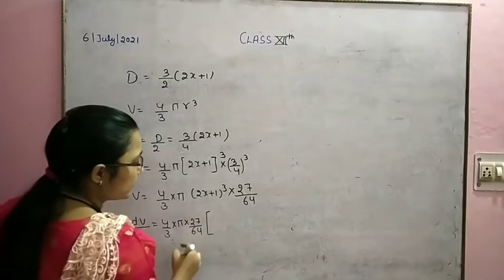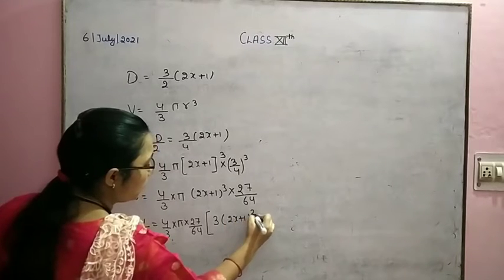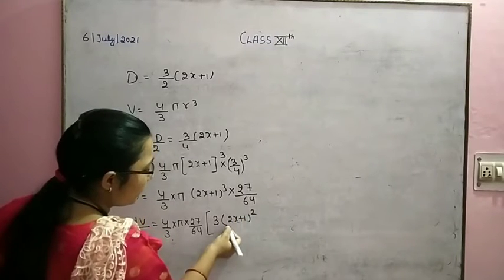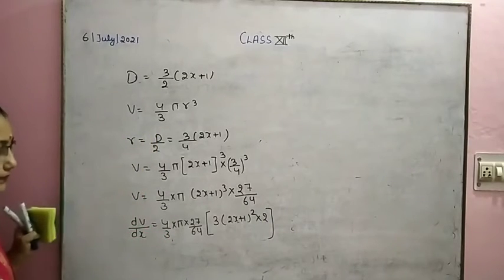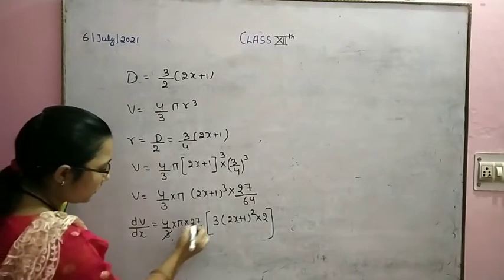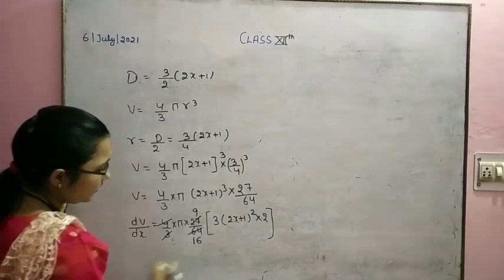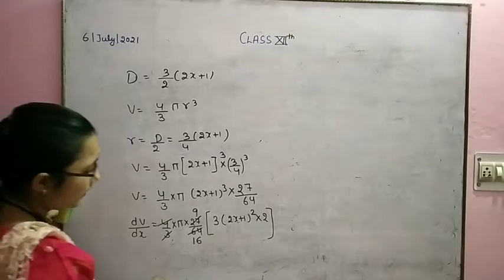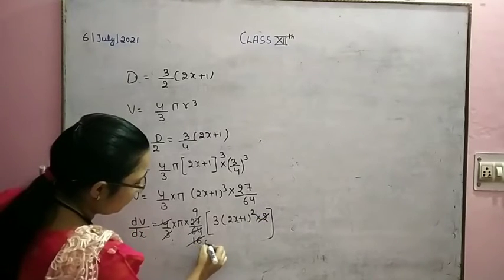Now differentiate (2x plus 1) whole cube. We get 3 (2x plus 1) whole square, and the derivative for 2x is 2. Correct? Now cancel out the term. We get 9 here and we get 16 here, and then 2 is cancelled 16 by 8 times.